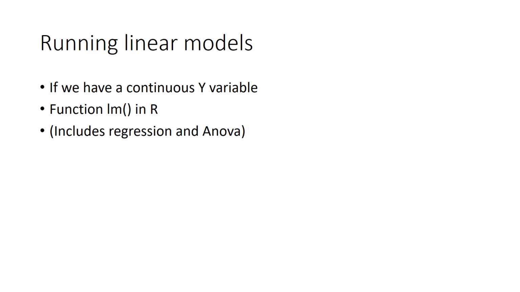And I just want to make the point that linear models are a broad set of models that include regression and ANOVA analyses, which you may have learned about in your stats courses before. But I will be referring to them more generally as general linear models or linear models, because we use the same function for them and because this term general linear models is all encompassing.